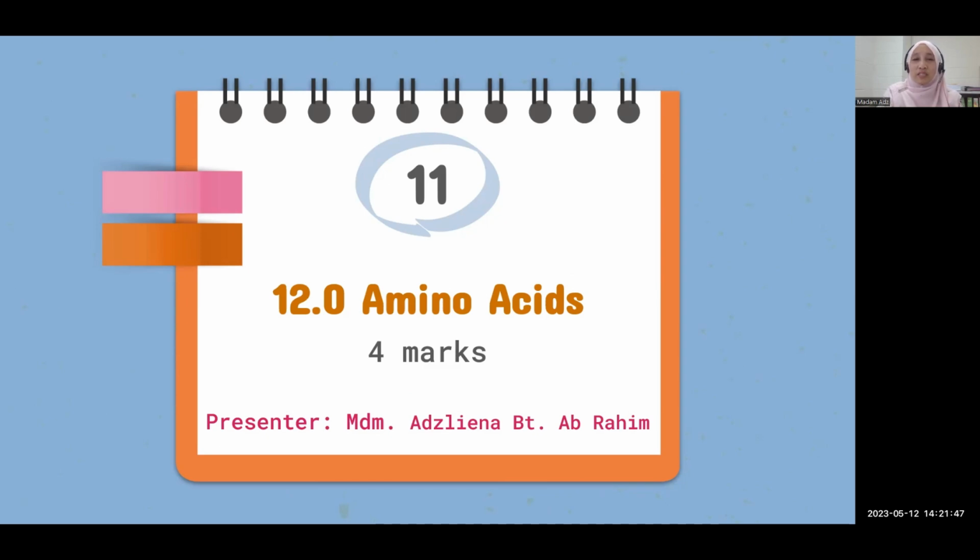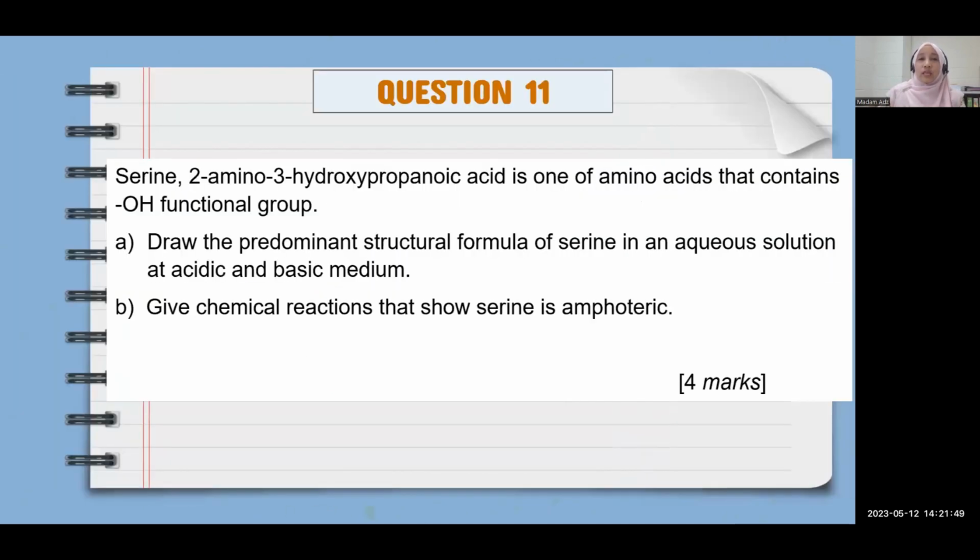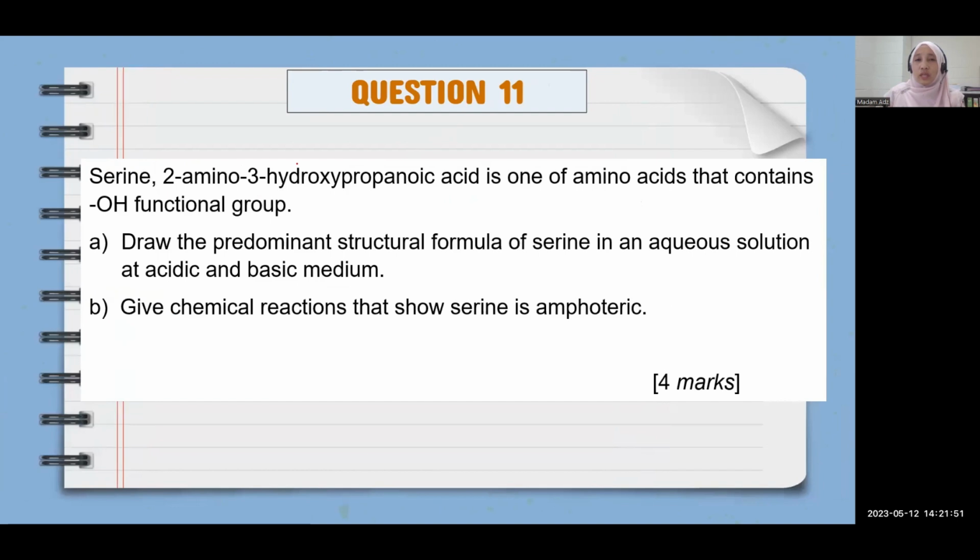Okay, so amino acid, let's go to the question. Okay, serine, 2-amino-3-hydroxypropanoic acid is one of the amino acids that contains hydroxyl functional group. Okay, first question, draw the predominant structural formula of serine in an aqueous solution at acidic and basic medium.